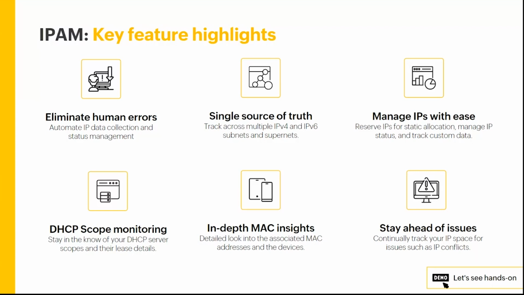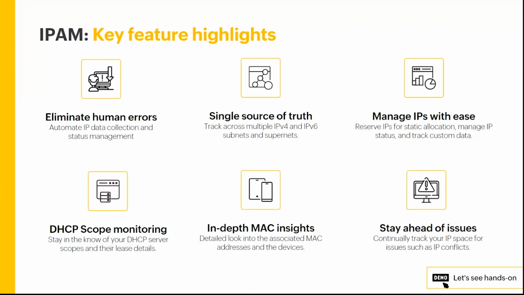Not only that, by automating the IP data collection process across different network hierarchies, ecosystems, and remote sites, OpUtils provides a single source of truth. You can utilize the OpUtils IP inventory to track multiple IPv4 and IPv6 addresses across your entire network. Not just tracking, but also managing these IP addresses with ease.